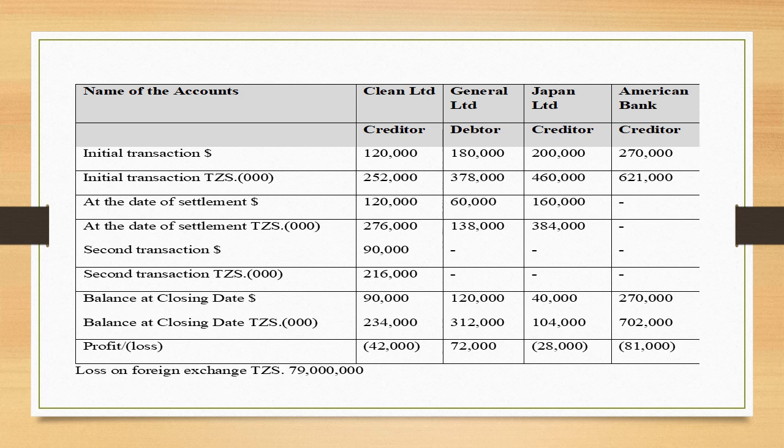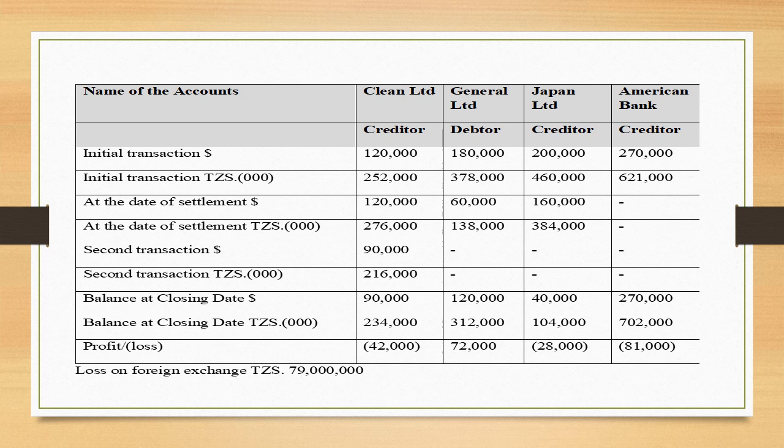Then at the date of settlement, we settled 120, but at the same date, the exchange rate resulted in 276. And when we make a settlement at that date, we collect money from the debtor: General Limited paid us 60,000, which is equivalent to 138.